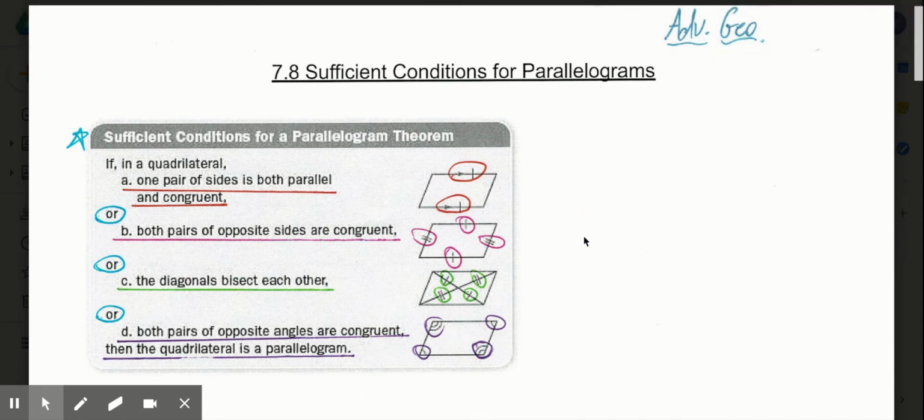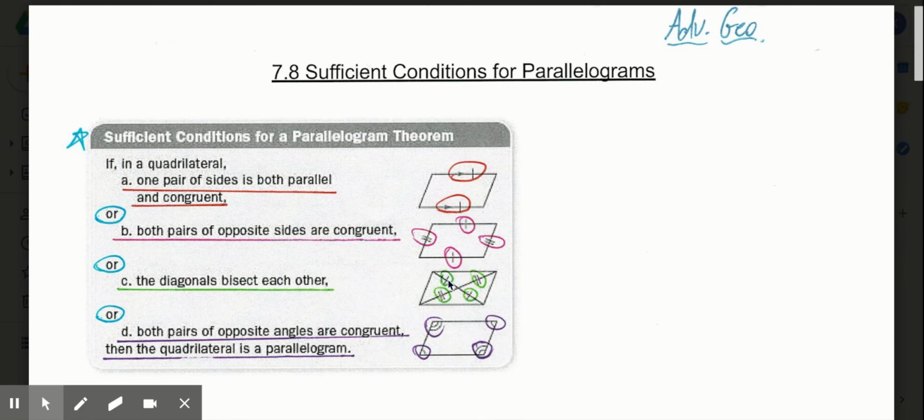In condition B, if both pairs of opposite sides are congruent, then we have a parallelogram. So both pairs of opposite sides are congruent. In C, the diagonals bisect each other, meaning that they are broken into two congruent pieces for each.